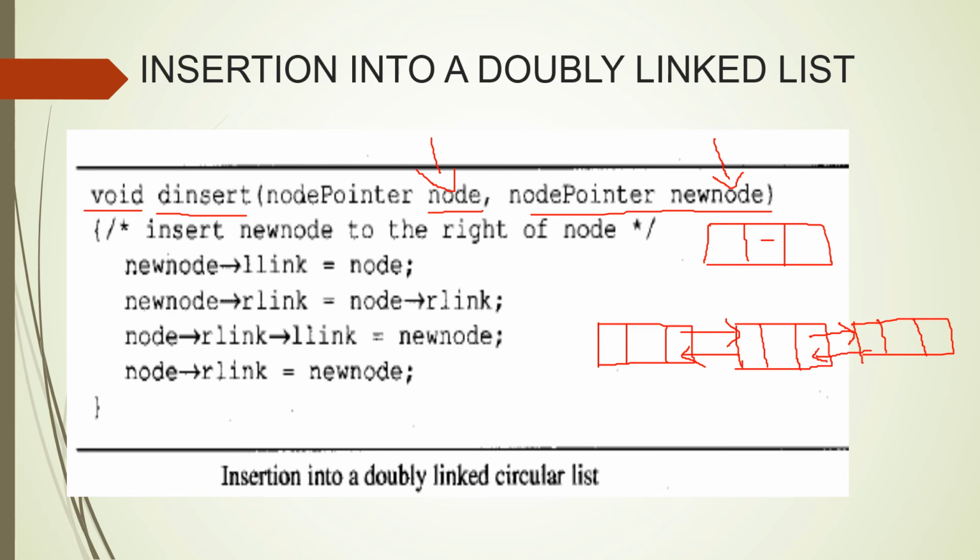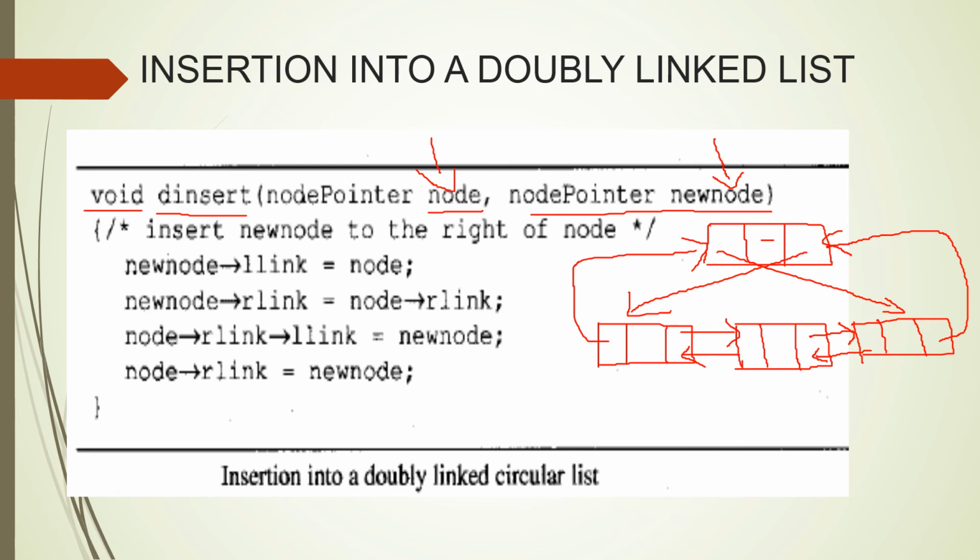And then the left link field of a node is pointing to its header node, and the right link field of this node is pointing to the header node. So the right link field is pointing to this node, and the left link field is pointing to this node. This you have already seen in the previous slide.